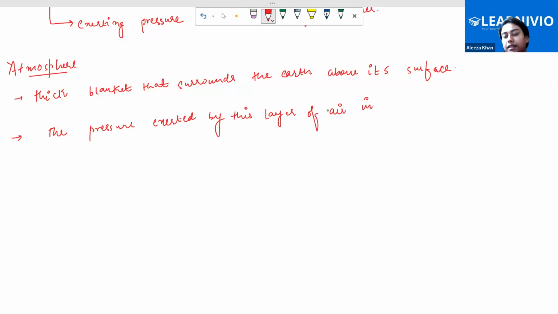So the pressure exerted by this layer of air in the atmosphere is called atmospheric pressure. Understood? Yes or no? Will you be able to feel the atmospheric pressure around you?